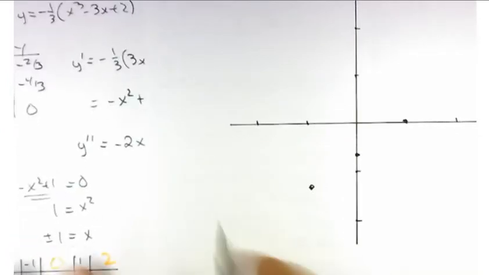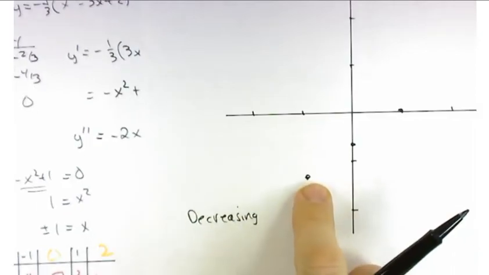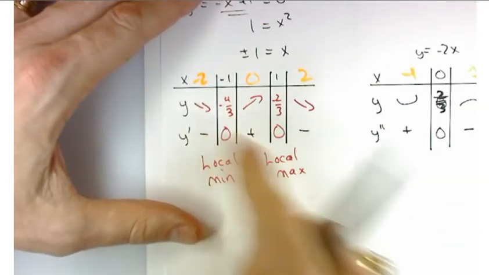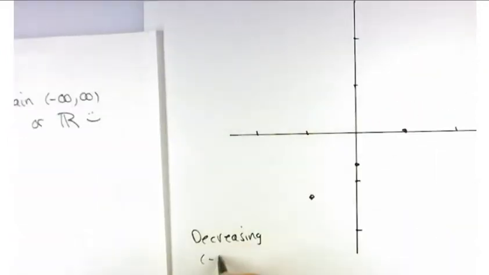Well, we know it's decreasing until it gets to this point. We determined that from our first derivative. First derivative says it was decreasing until it got to negative 1. So from negative infinity to -1, it's decreasing.